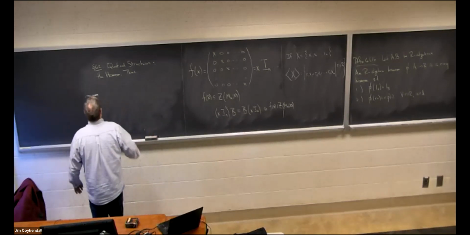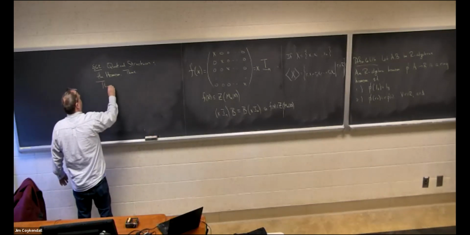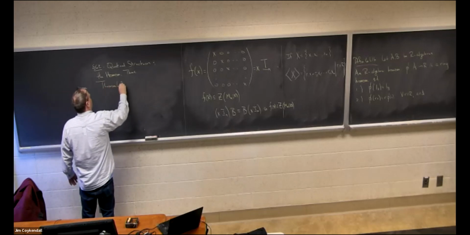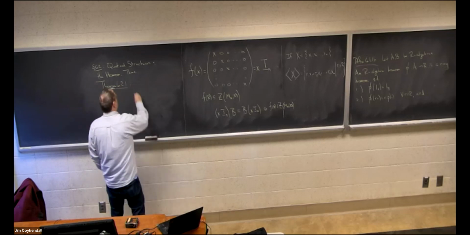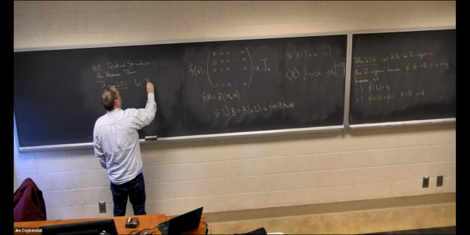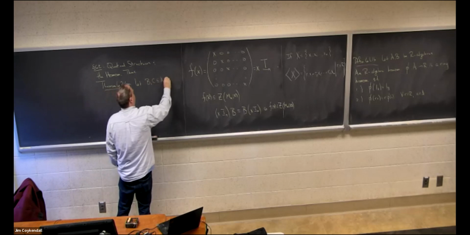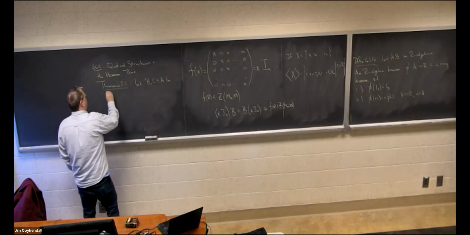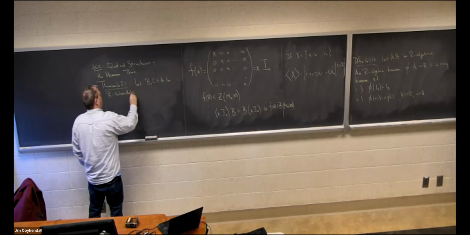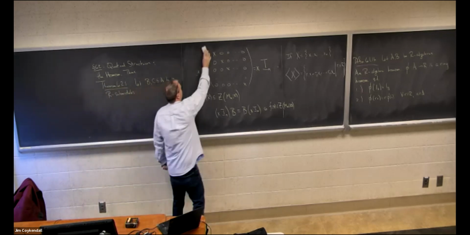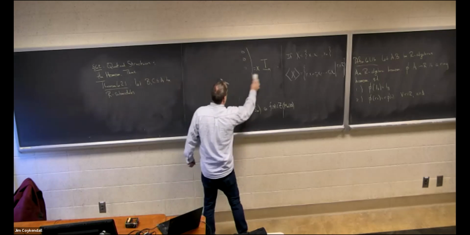Let me begin with the following theorem. Let B and C be R submodules. So that is to say, A is an R module, and B and C are R submodules.